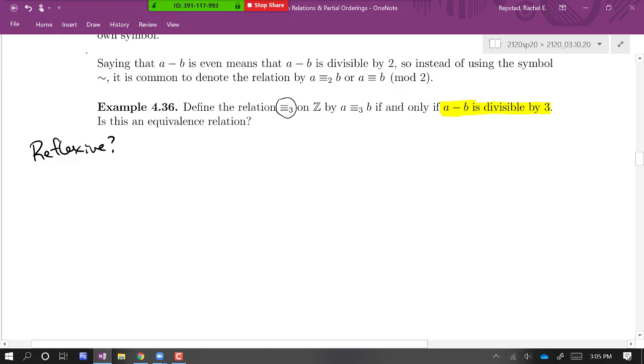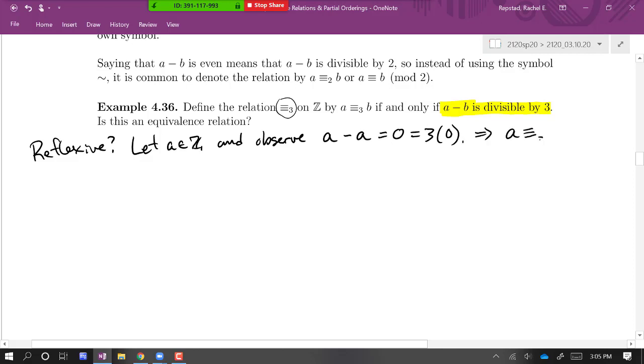So is A related to itself? Well, let A be an integer and observe. A minus A is equal to 0, which is divisible by 3. This is a multiple of 3: 0 is equal to 3 times 0. So A is related to itself. So this gets a yes.